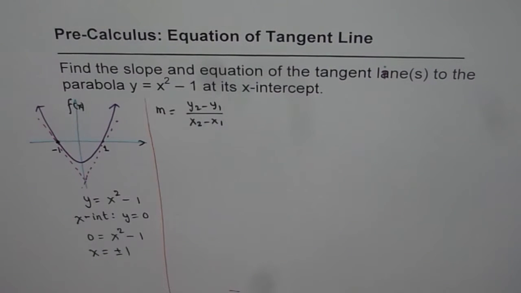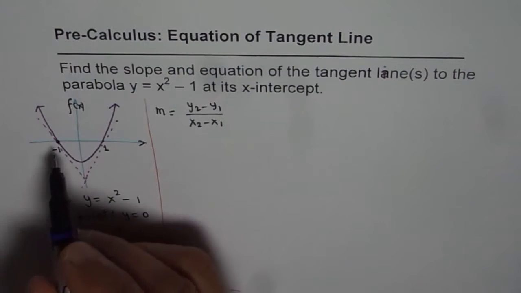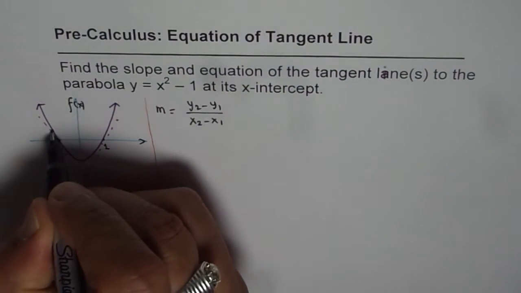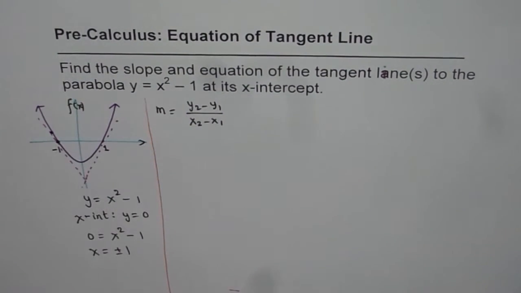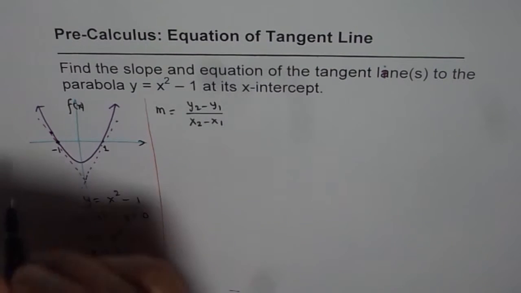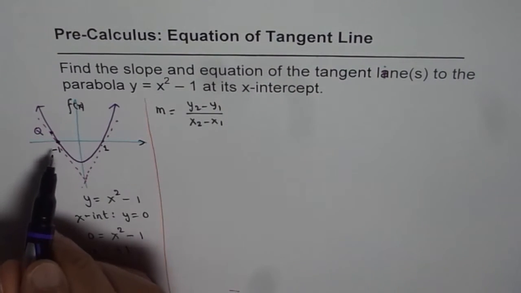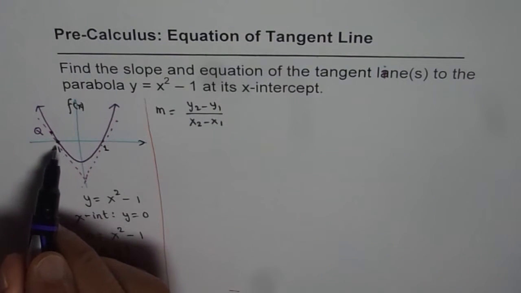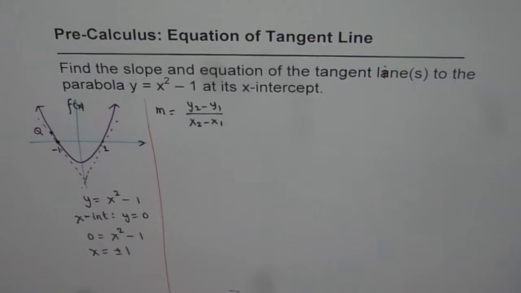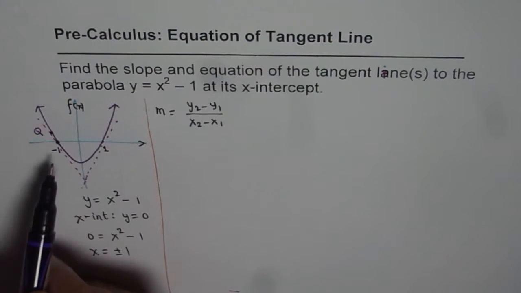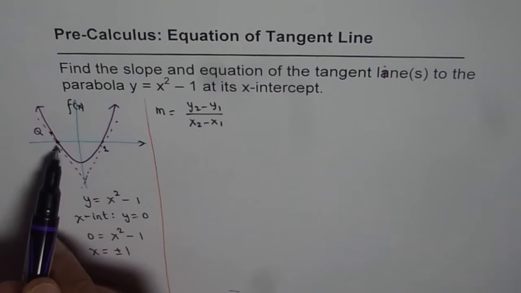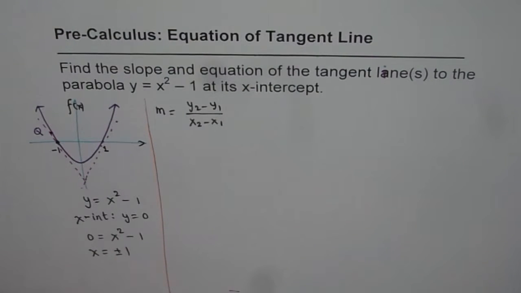What we will do, in general, is take a point which is on the curve somewhere close enough to the given point. So let's take this point as Q, close enough to x equals minus 1, and find the slope of the tangent line which will pass through Q and minus 1, where Q is very, very close to minus 1. That's the whole idea.